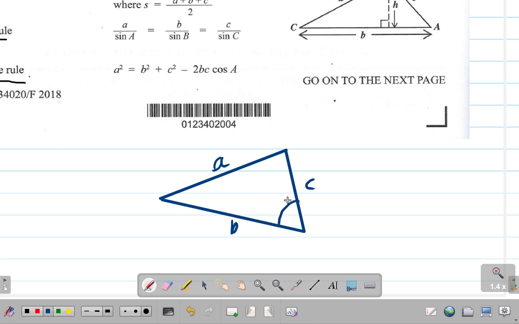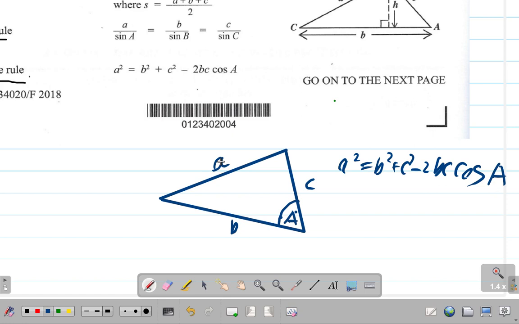You have two sides and the angle between them. You use the cosine rule to find the third side. If you know B and C, you just say A squared is equal to B squared plus C squared minus 2BC cosine of this angle, which would be uppercase A.